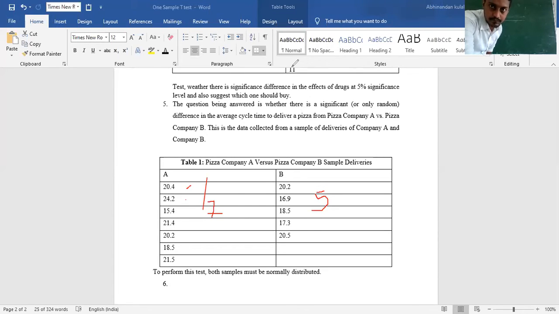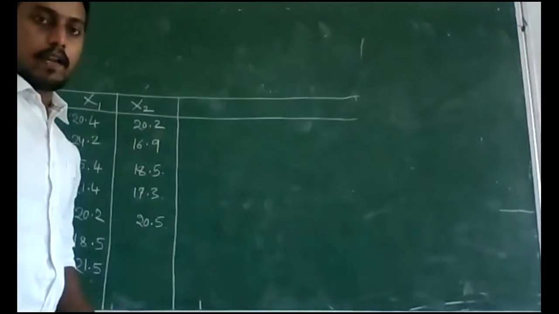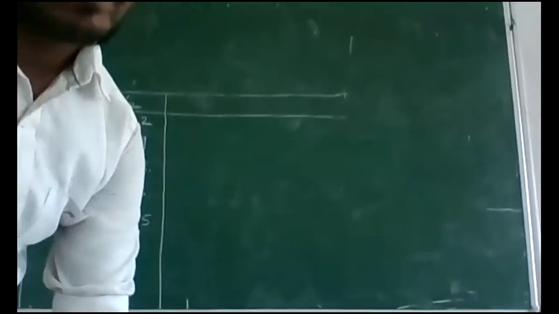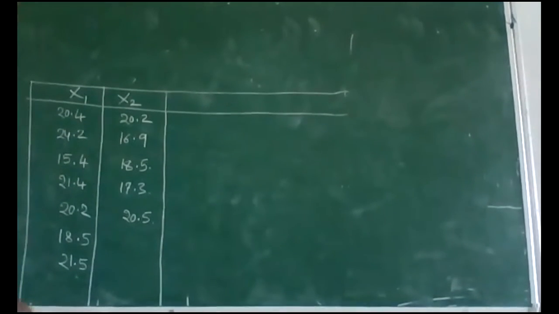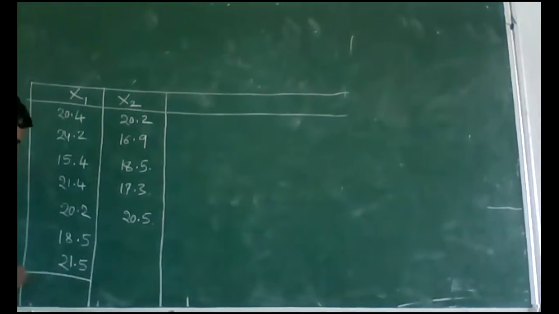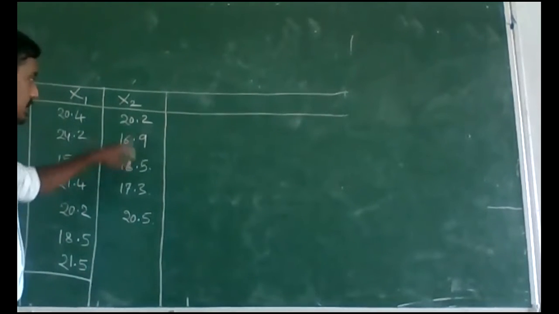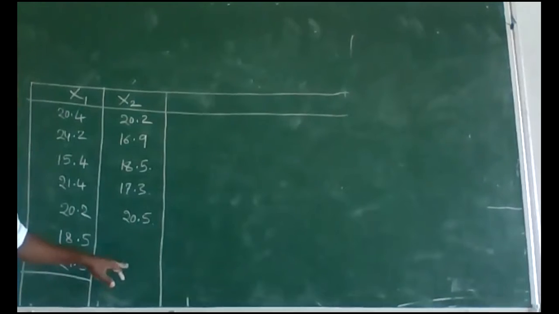Now find out the required values. What are the required values? First find out the sum of the first sample, and next the sum of the second sample.